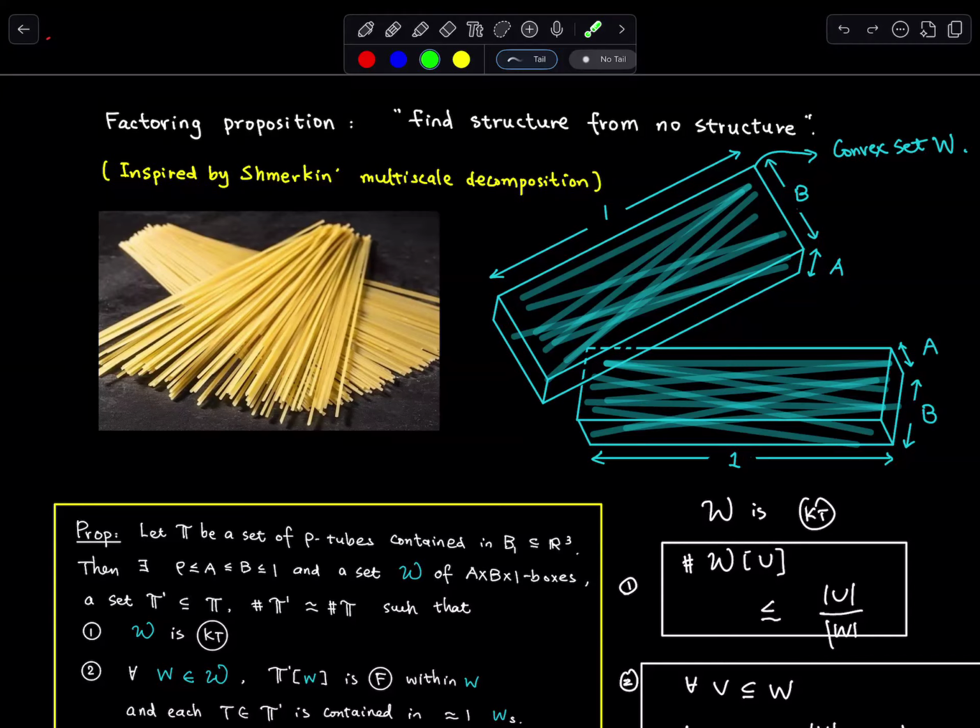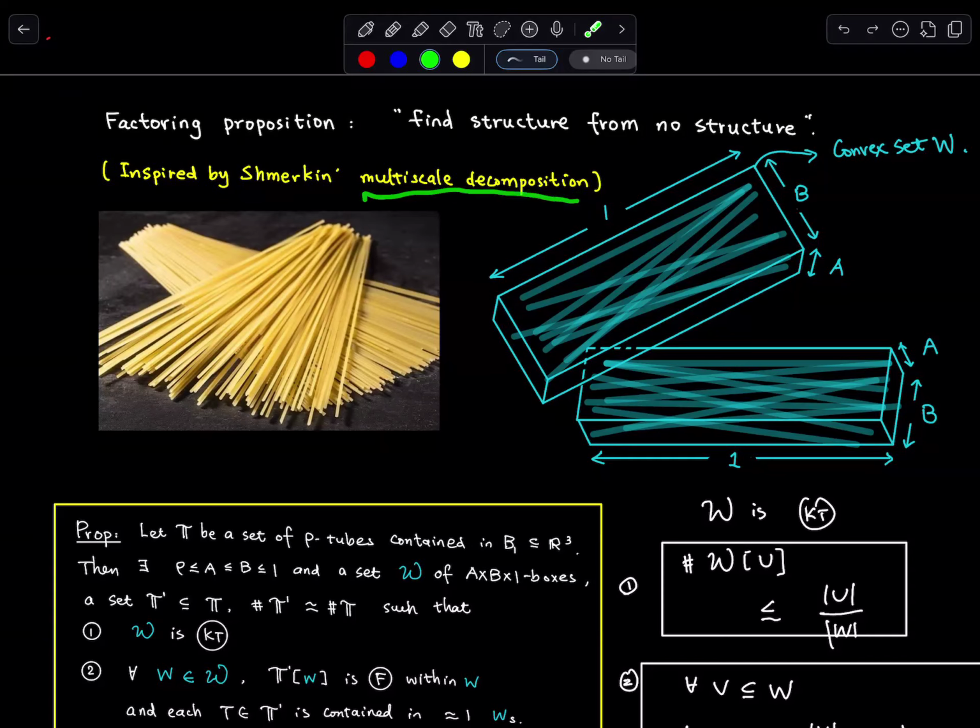And that is the power of this factoring proposition. It was inspired by Shmerkin's multi-scale decomposition. This is also the crucial idea that underlies the recent developments in geometric projection theory in the past 5-6 years.